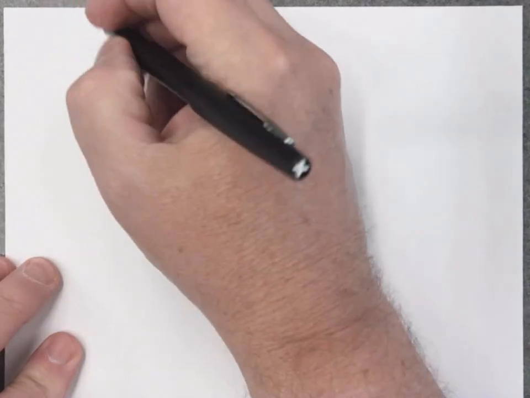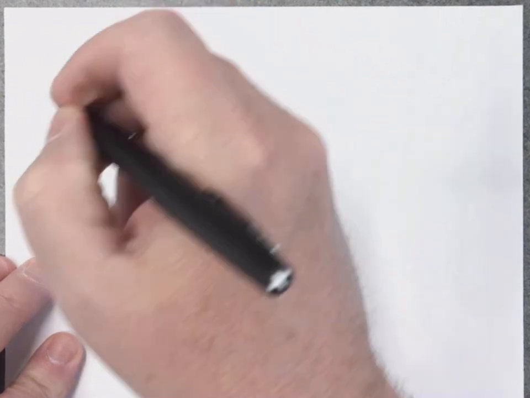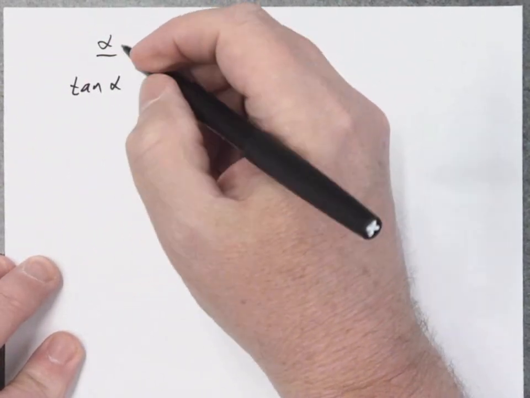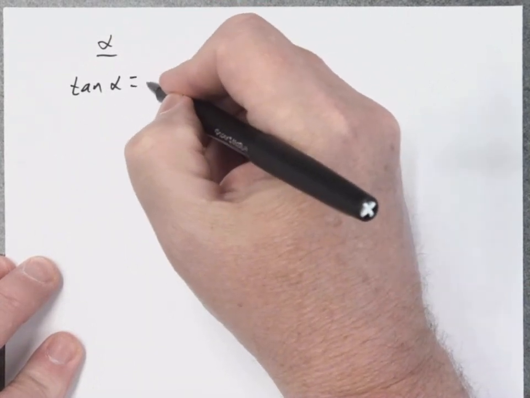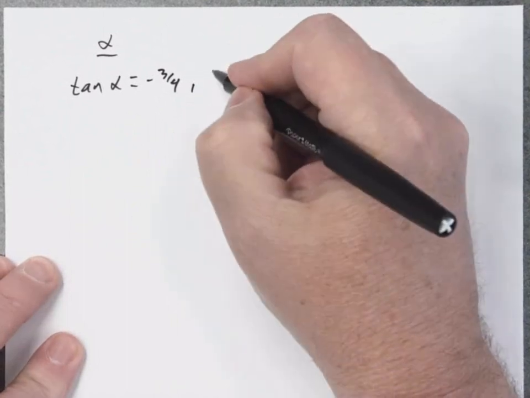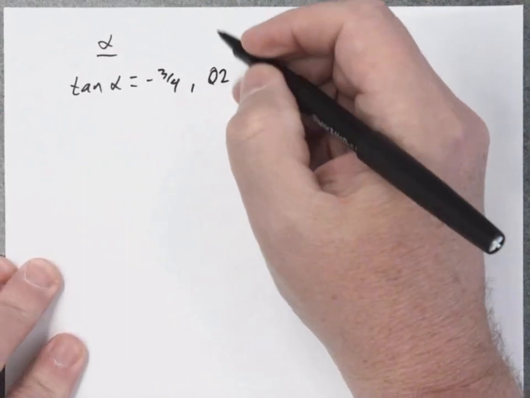So let's do alpha first. I'll even label it alpha up here. Tangent of alpha, negative 3/4, and we know it's in quadrant 2.